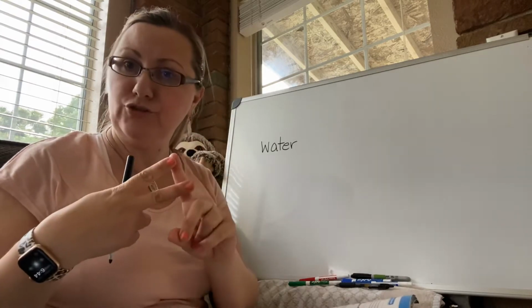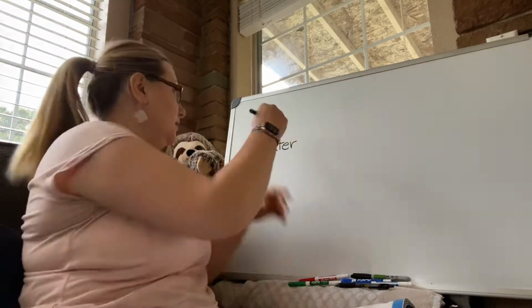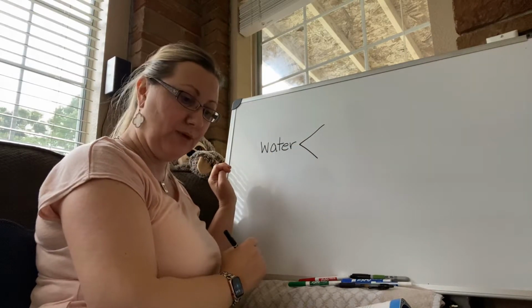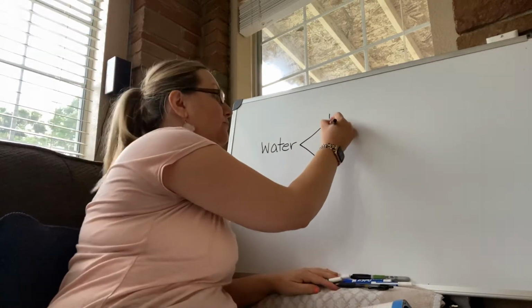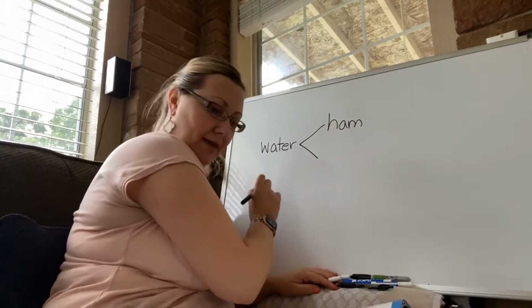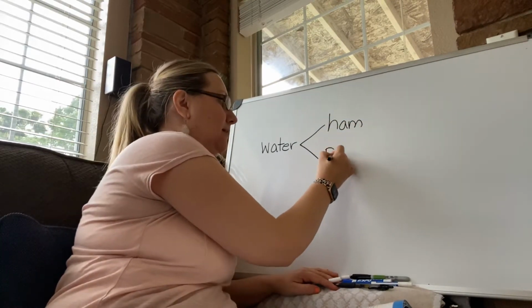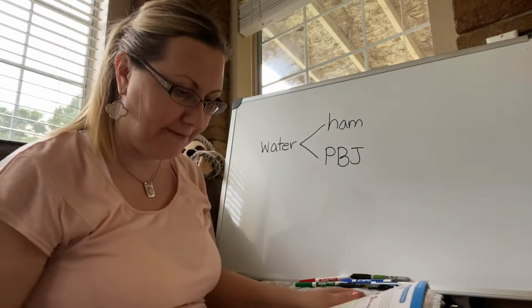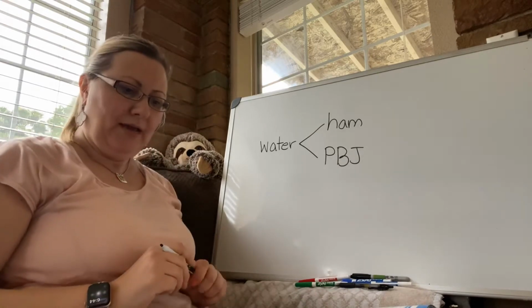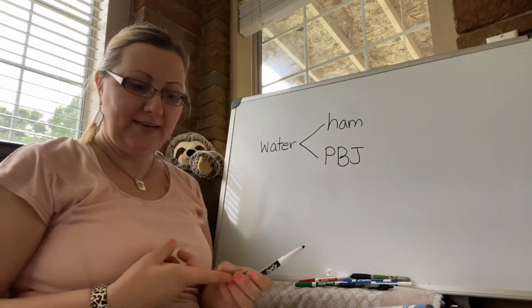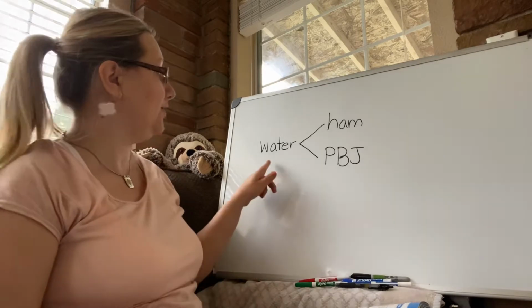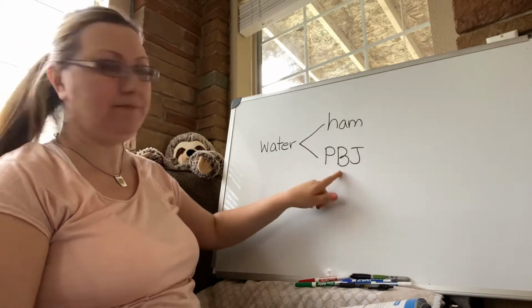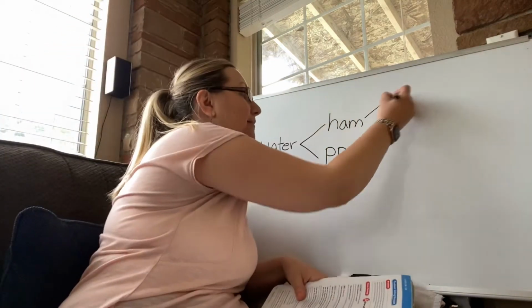Then we saw that there were 2 choices of sandwiches. So we're going to start with water, and we are going to write down the choices of sandwiches. So ham was one, and the other was peanut butter and jelly, PB and J. Now, for the fruit, Landon has 3 choices. So whether he has water with the ham sandwich or water with the peanut butter and jelly sandwich, he will have 3 choices.